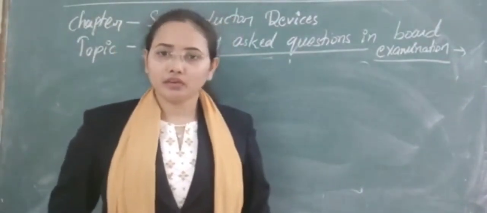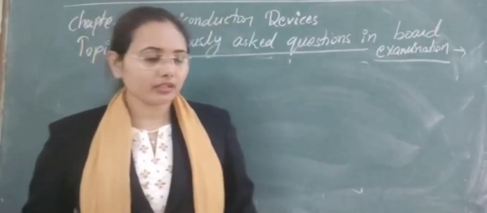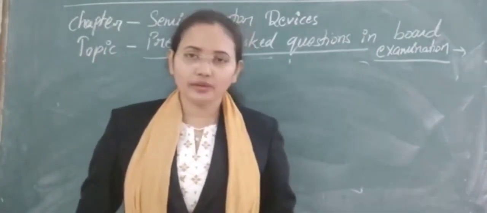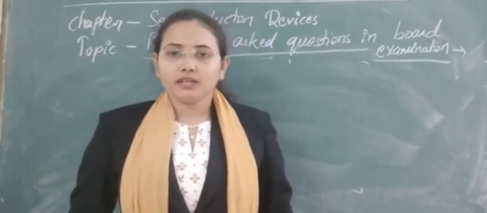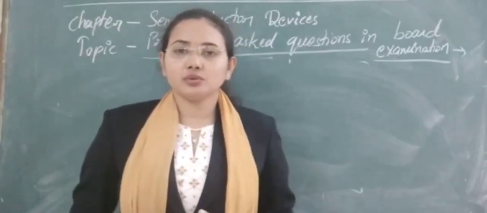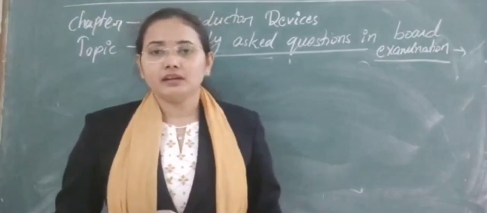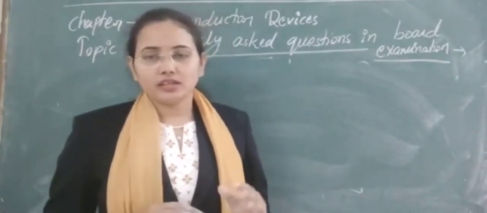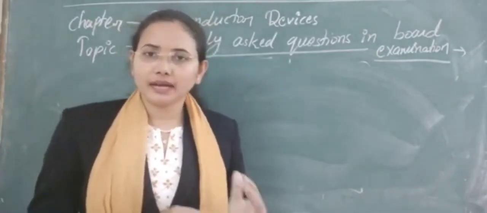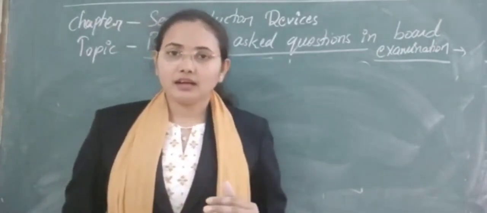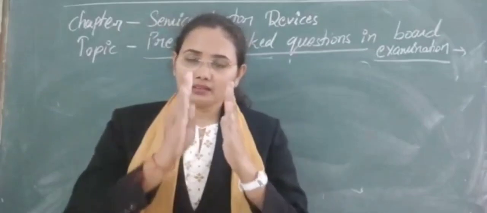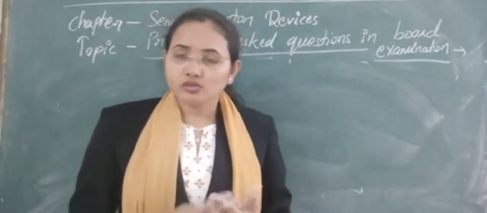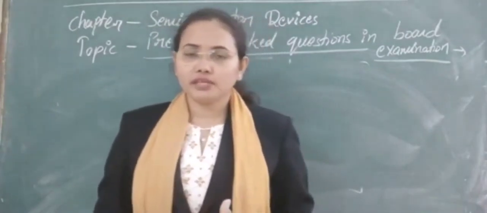Next, what is a p-n junction diode? Whenever p and n type materials are joined together, the construction is known as a p-n junction diode, and we form it by some processes. You don't have to study that process here, but we cannot simply put them into contact. Some conceptual problems are also based on this.